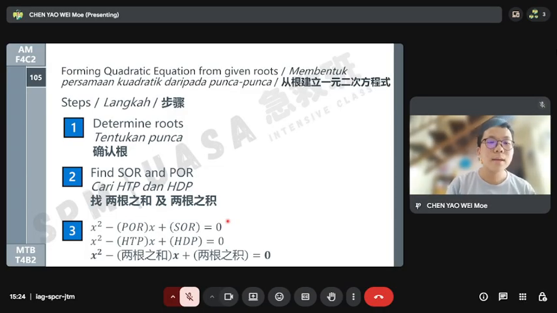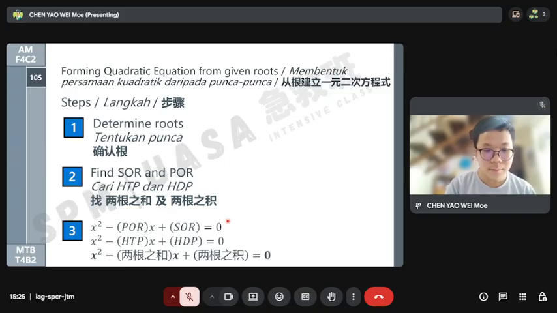For example, just now I said if the two roots are reciprocal, it means the roots are 1 over alpha and 1 over beta. I will add them up for the sum of roots. I multiply them together, I will get 1 over alpha beta.